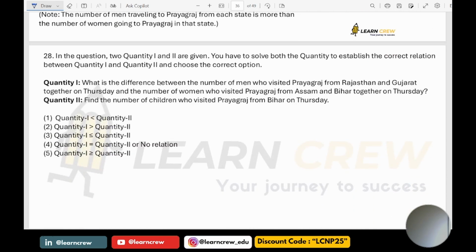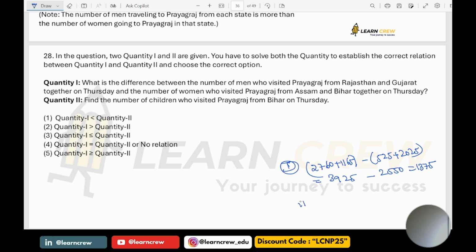28th one. What is the difference between the number of men who visited Prayagraj from Rajasthan and Gujarat together on Thursday and the number of men who visited Prayagraj from Assam and Bihar together on Thursday? If you see here, quantity 1 is nothing but 2760 plus 1165 minus 525 plus 2025, which is nothing but 3925 minus 2550, which is 1375.